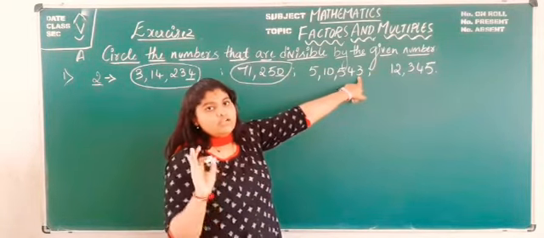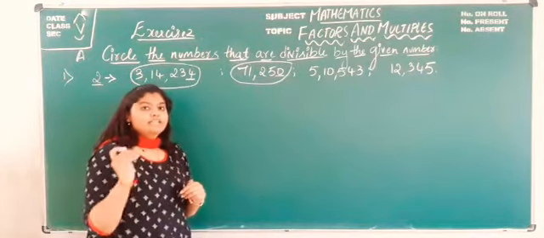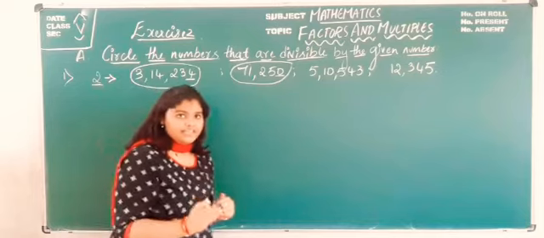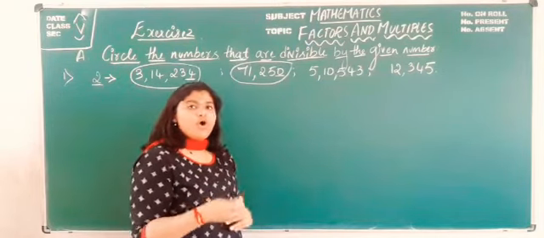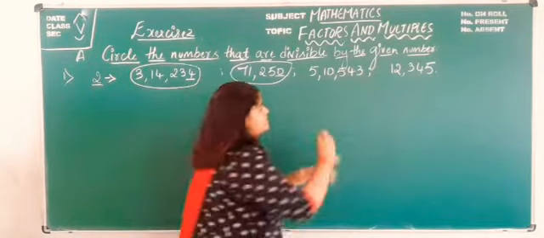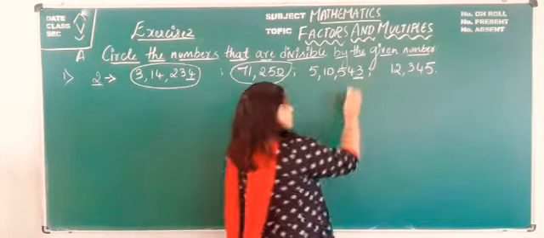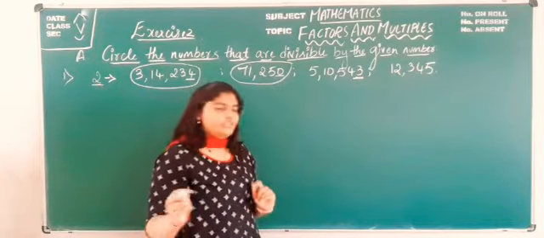So we know the divisibility rule for number 2, that in the given number the last digit should be either 0 or 2 or 4 or 6 or 8. Here the digit in the ones place is 3. Therefore the given number is not divisible by 2.